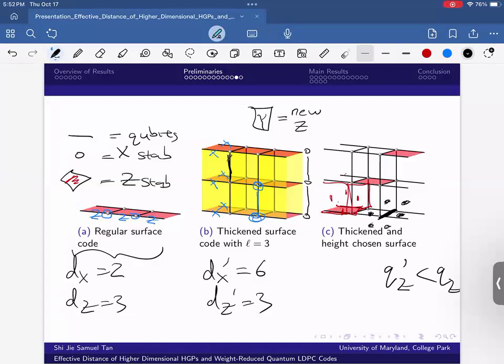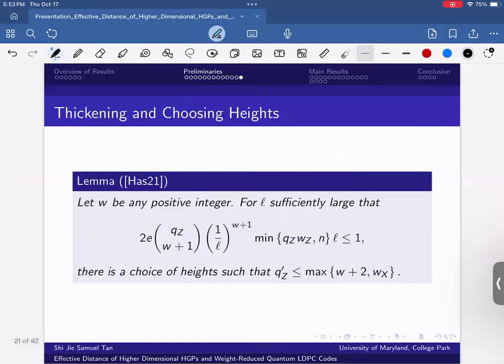But if, for each of the Z checks around it, some of them were packed at a higher height, now you no longer have QZ equals 6. It could have been QZ equals 2 or 3, depending on how sparse you make it. Is that clear how choosing heights reduces this? Okay, nice. And then the last preliminary part, just check the time.